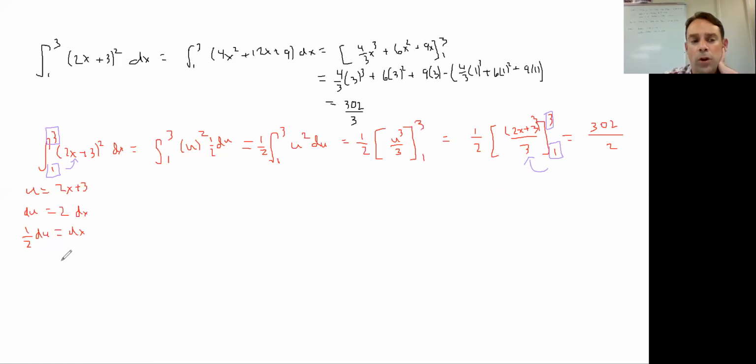You know, what I mean by that is this. You got your 2x plus 3. Say I did my u substitution. And I did it all the way out, and I ended up with 1/2, I'm just going to skip a little bit here, u cubed over 3.